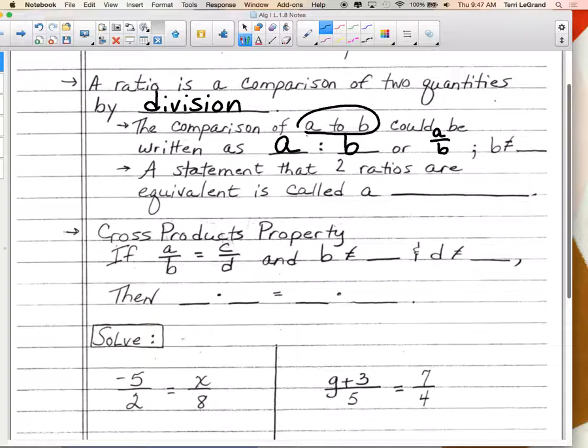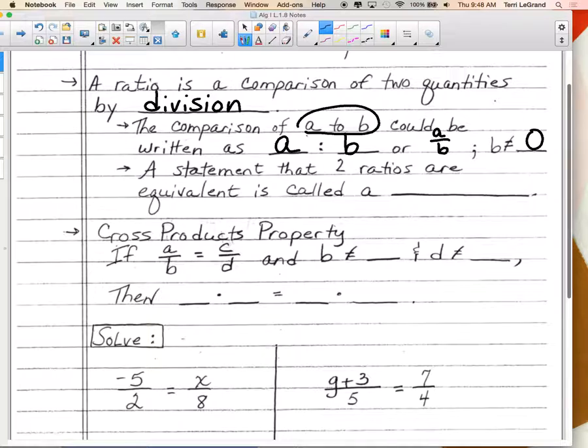You can divide by A any old time in the world, but in this case we're not dividing by A. What can't B be? 0. We cannot divide by 0. So in our ratio of A to B, B cannot be equal to 0. The denominator can never be 0. If it is, there's nothing going on there that we can talk about.